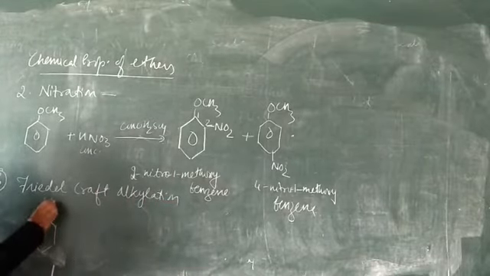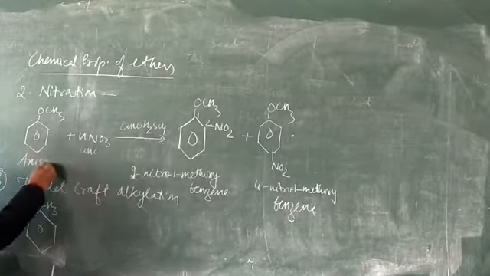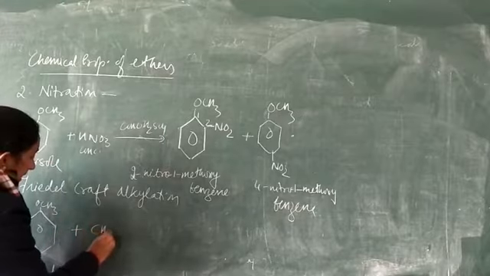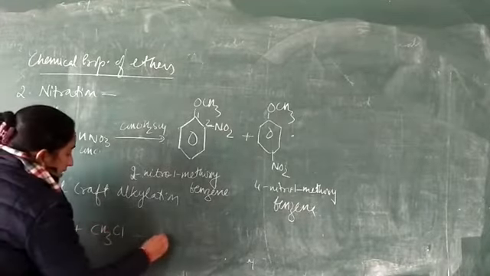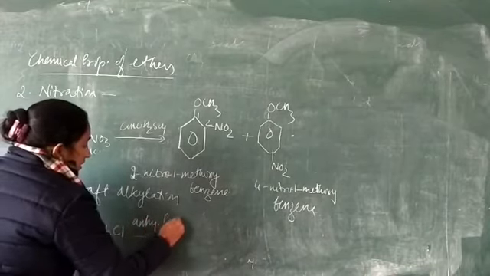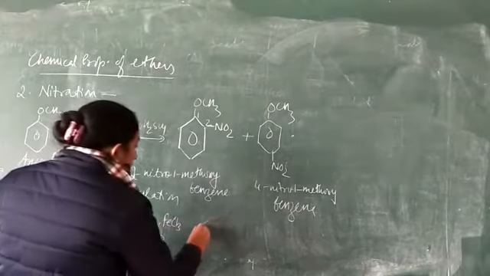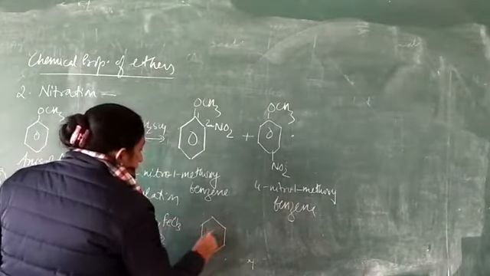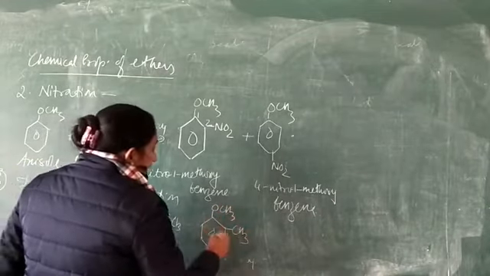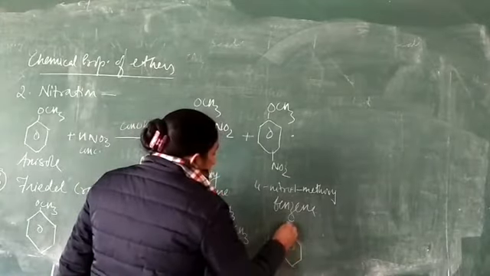Here also this is anisole, OCH3, treated with alkyl halide CH3Cl in the presence of Lewis acid, anhydrous FeCl3. We will get the alkyl group introduced again at the ortho and para position.